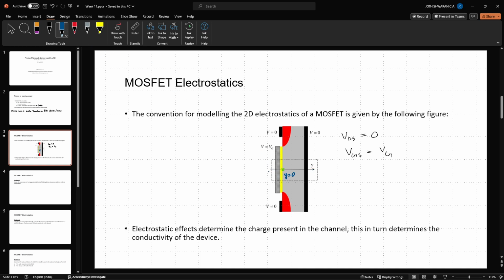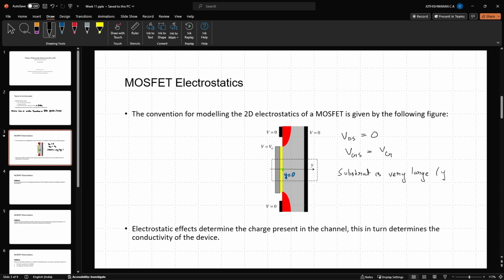And of course, the y direction goes from here to here. We will also make another assumption that the substrate is very large.